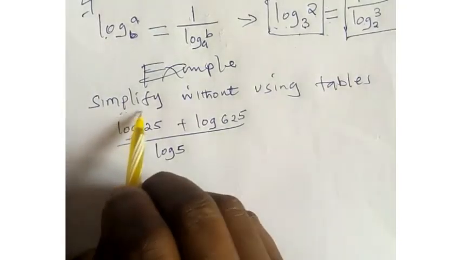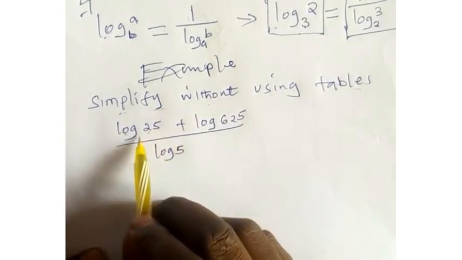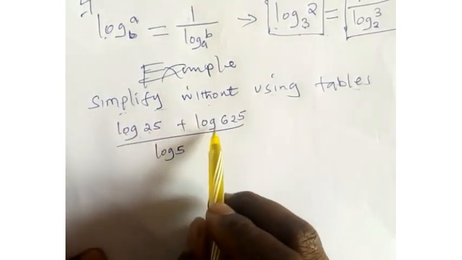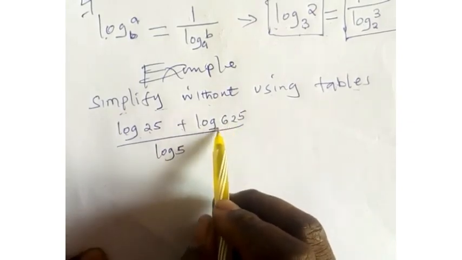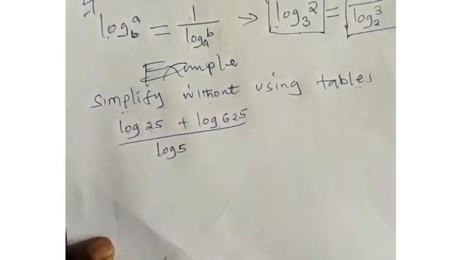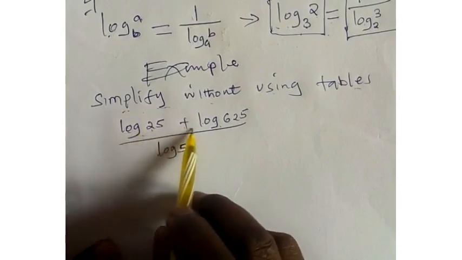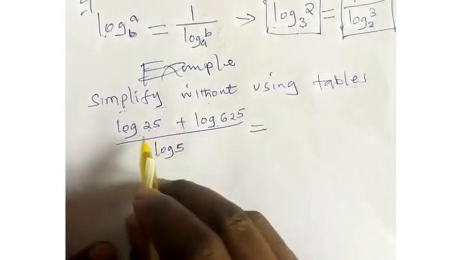Example, simplify without using tables. Log 25 to base 10, plus log 625 to base 10, divided by log 5. So how do we go about this? First, you need to see that we can write this number in a different way. So how else can we write this?